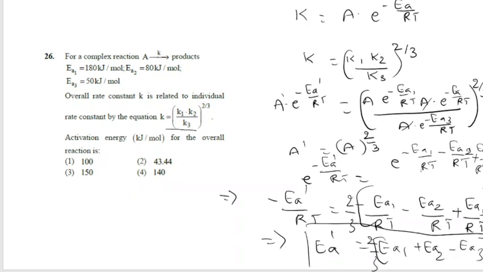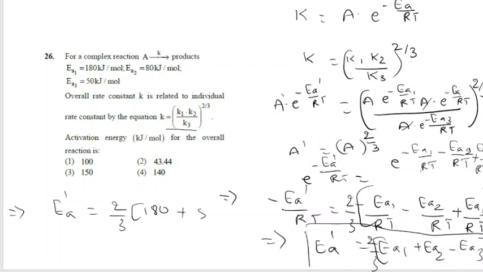So if we apply the values here, the overall activation energy EA dash becomes 2 by 3 into EA1, which is 180 kilojoules, plus EA2 80 kilojoules, minus EA3 50 kilojoules.